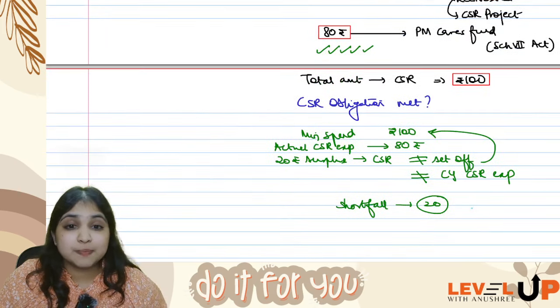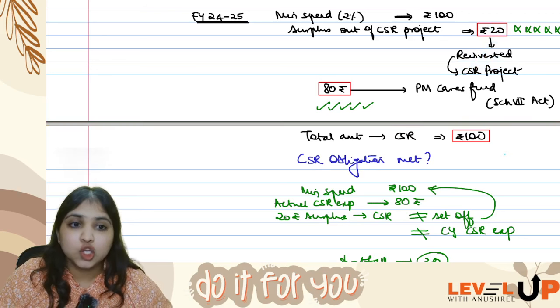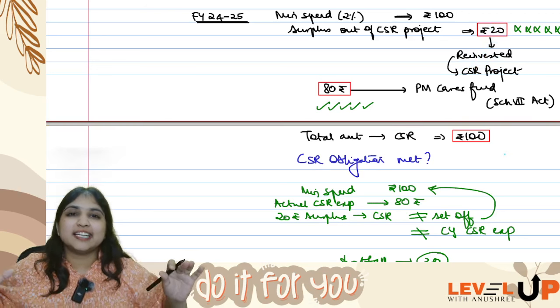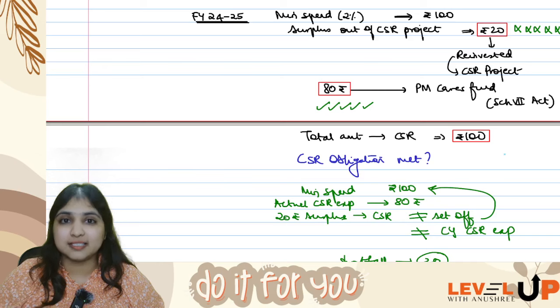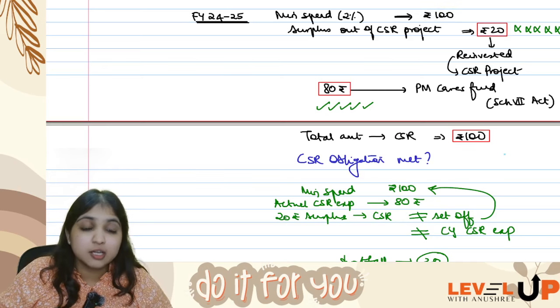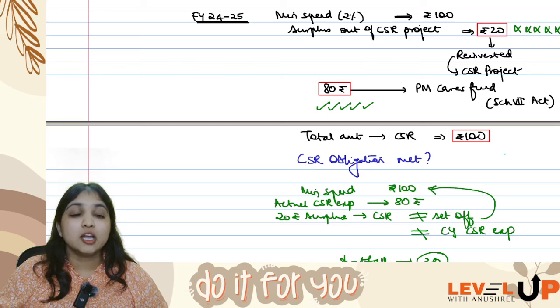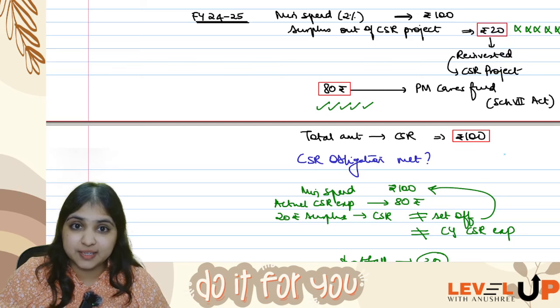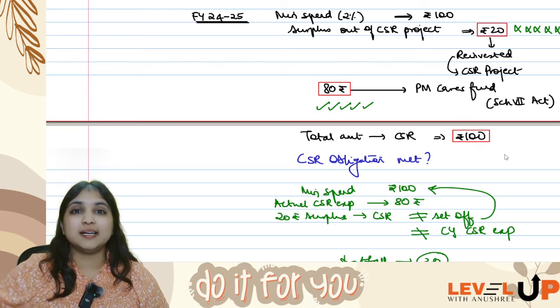That means just because this 20 rupees has been spent towards CSR, you cannot include that 20 in current year CSR expenditure. So current year the company has to spend this 100. This 20 rupees is over and above the 100.